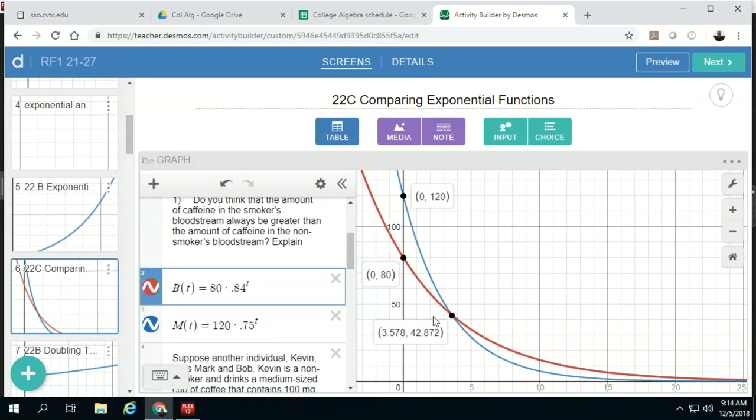When you click on the other graph, it gives you some important points. What are the important points in an exponential function? The place where you cross the y-axis. Why is that an important point? Because it's part of the formula, right? But why does it give you the address right here? Which means they're equal. Which means that at 3.5 hours, even though Mark started with more caffeine, he's got less after that.